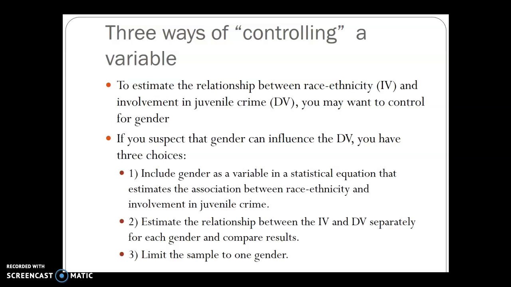You incorporate your third variable, in this case gender, and then you study the relationship between race, ethnicity, and juvenile crime separately for boys and girls. You might have one sample of boys and one sample of girls, and you would look for that relationship separately under each group. Or you just limit the study to one gender altogether. That's another way to control.